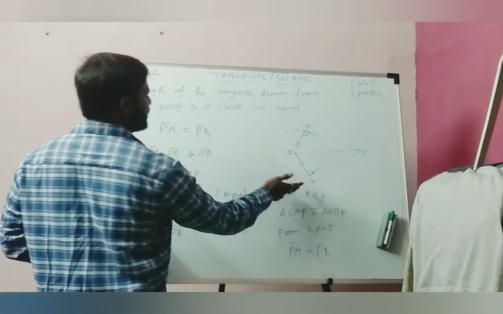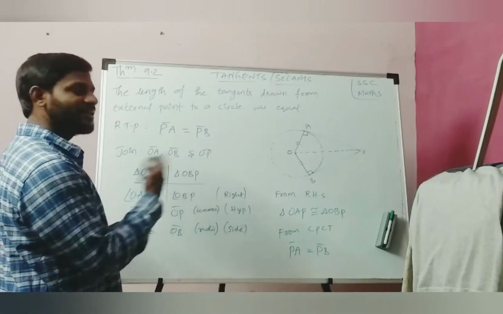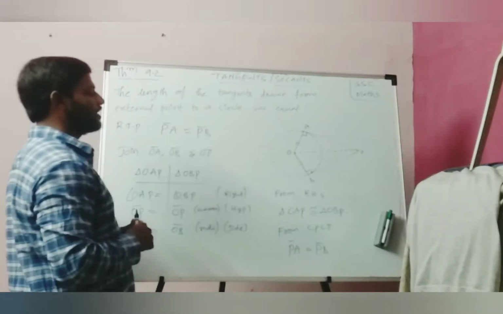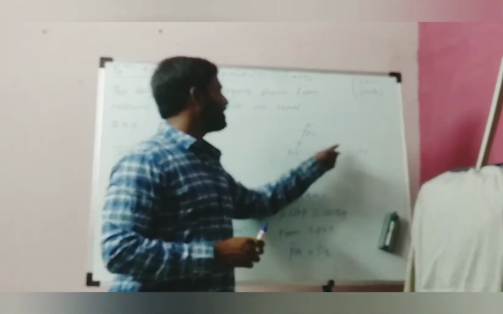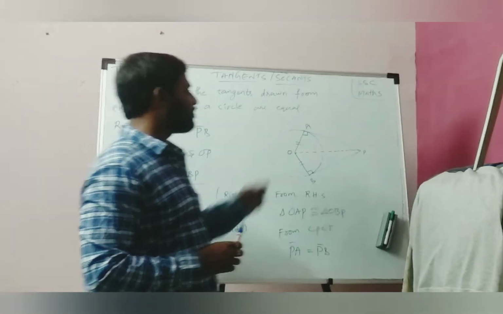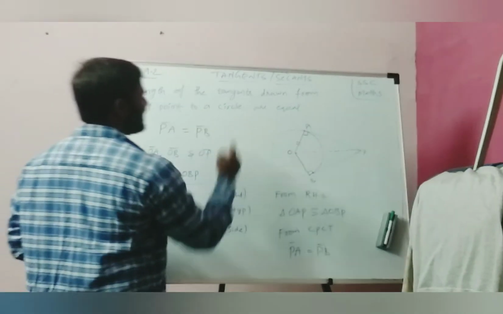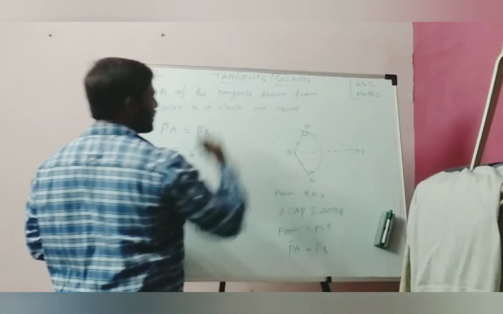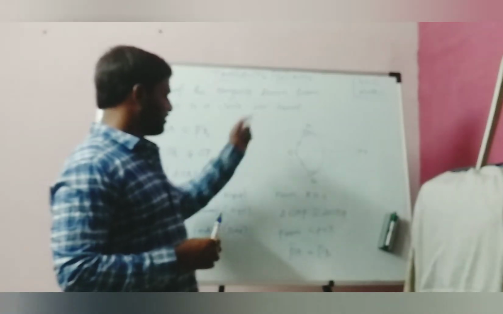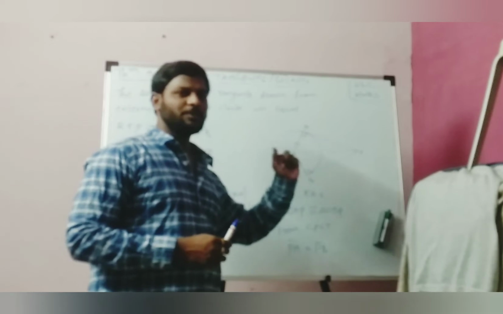OA corresponds to OB; since they are radii, they are equal. OP is the common side of both triangles. The third sides, PA and PB, are corresponding since the triangles are congruent. By which property? RHS: right angle, hypotenuse and one side. From RHS congruency these two triangles are congruent. Then PA equals PB.